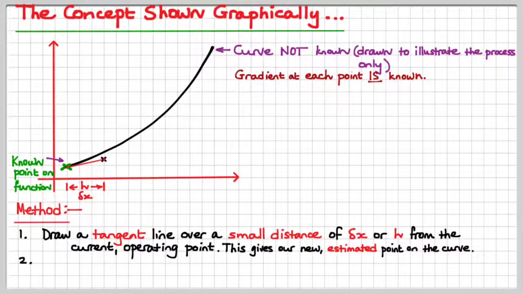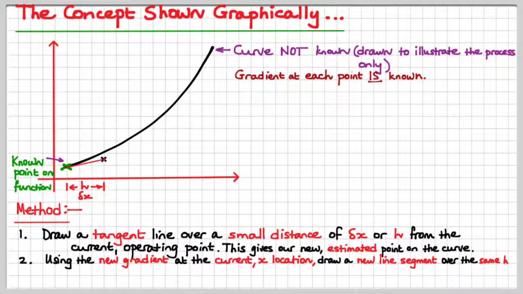So basically, there's our h, which is our delta x, over which we've done this particular step in the calculation. Secondly, we then use the new gradient at the current new x location, which will be here, okay? We recalculate the gradient because we know the gradient at this point. We just don't know where the original function is at this point. But we know what the gradient is because we've got the equation for it.